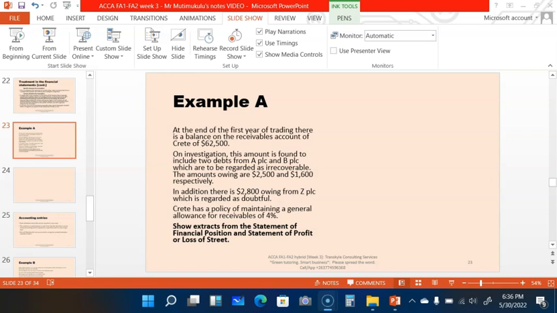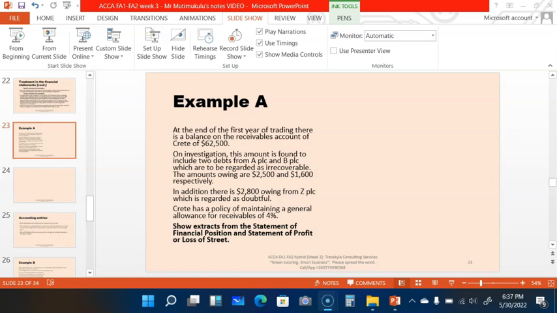Okay, so we are now going to do this example together. Example A. At the end of the first year of trading, there is a balance on the receivables account of 62,500. Upon investigation, this amount is found to include two debts from A PLC and B PLC, which are to be regarded as irrecoverable.